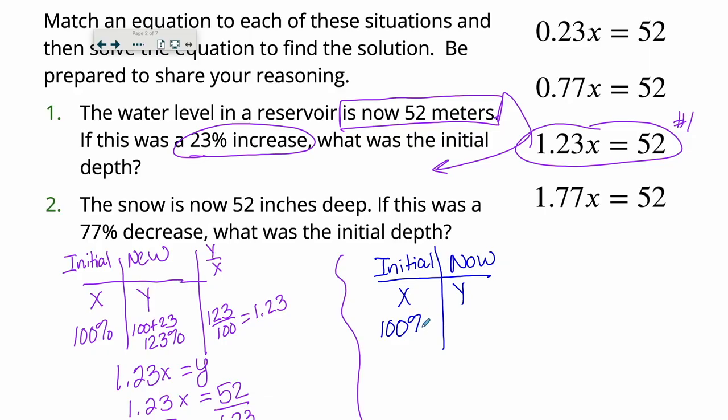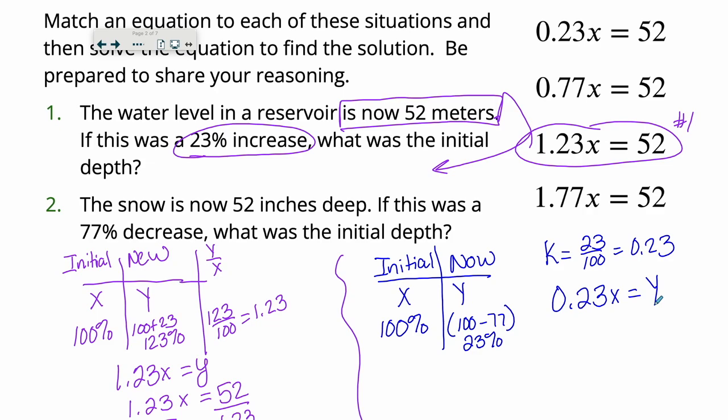The original is 100%. The now is 100 minus 77, or 23%. So if we find our K value, we're going to do 23 divided by 100, or 0.23.